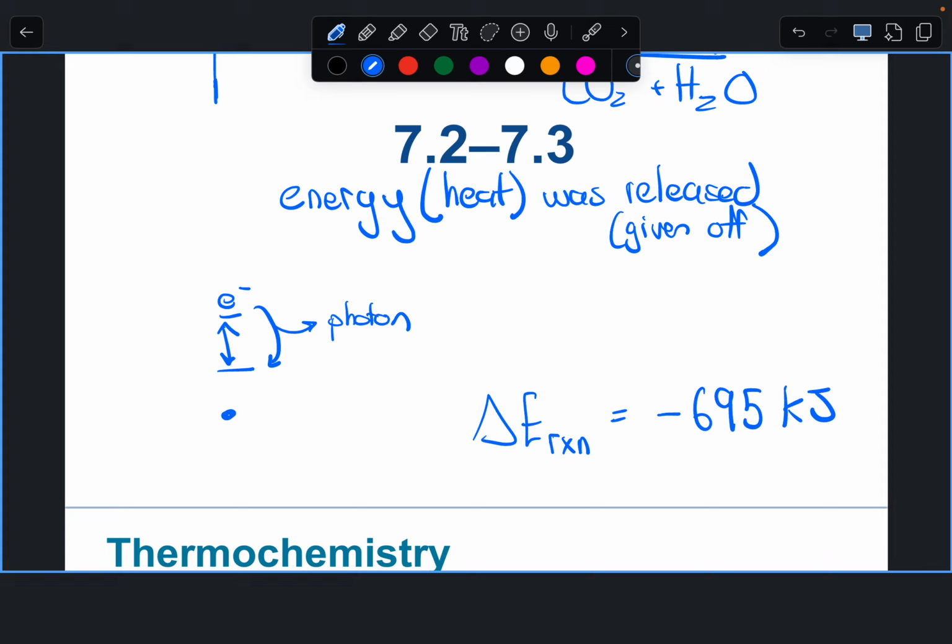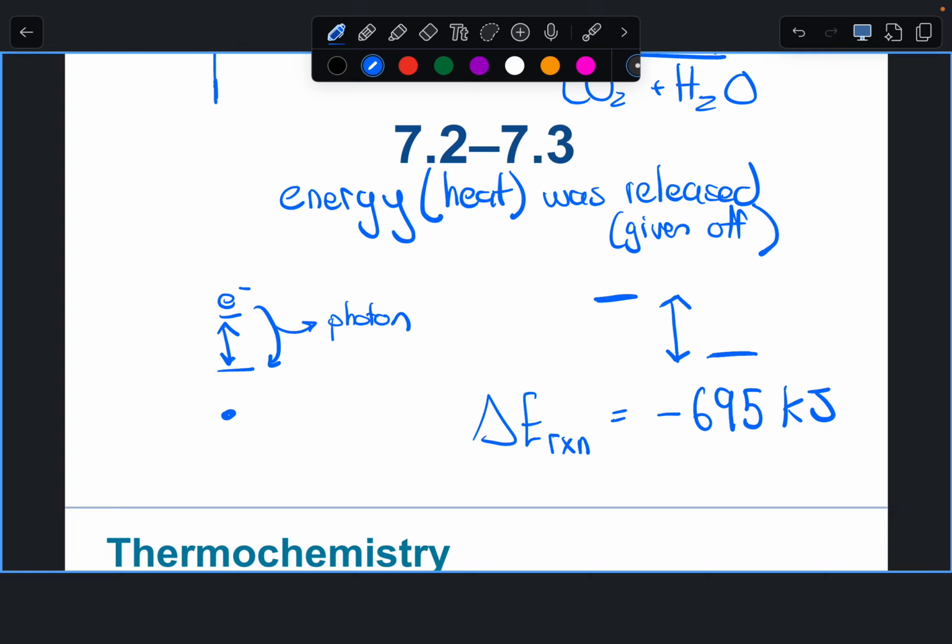You're less likely to see a picture. You should actually be able to now turn that into a picture in your head and say, okay, if energy is given off, that means it started at a high energy and went to a low energy. You know, it doesn't really matter what the values were, but they differed by 695.